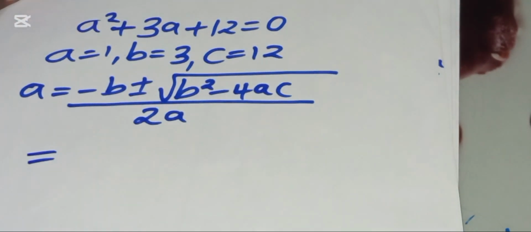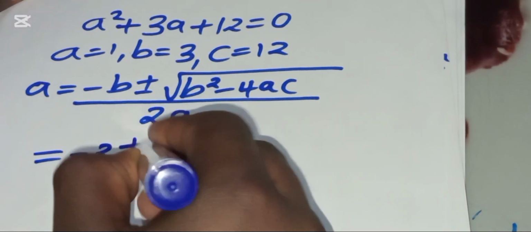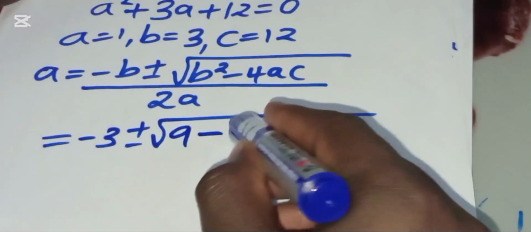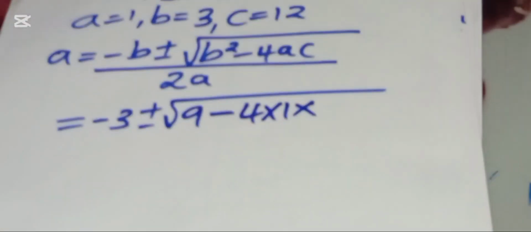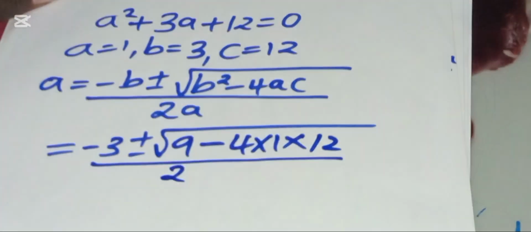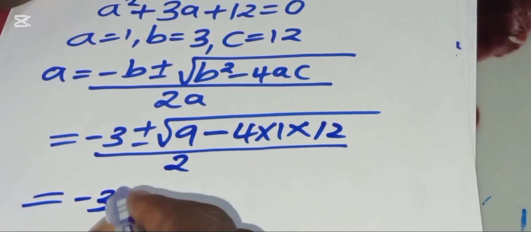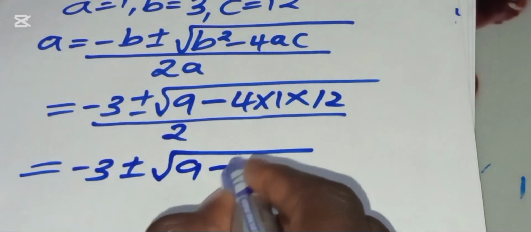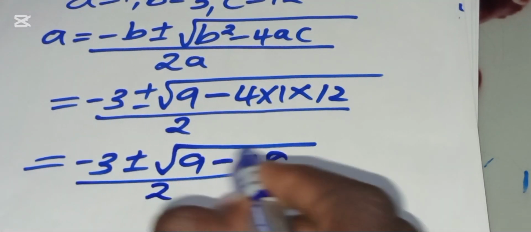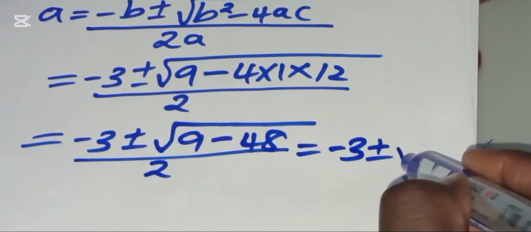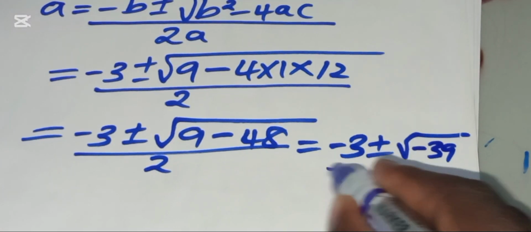We'll have negative 3 plus or minus the square root of 3 squared, which is 9, subtract 4 times 1 times 12, which is 48, divided by 2 times 1, which is 2. This is negative 3 plus or minus the square root of 9 minus 48, which is negative 39, divided by 2.